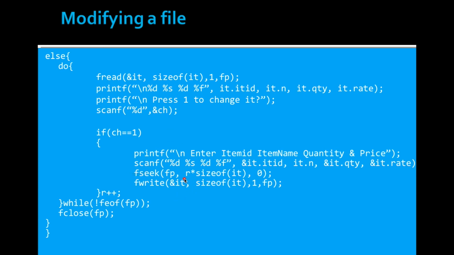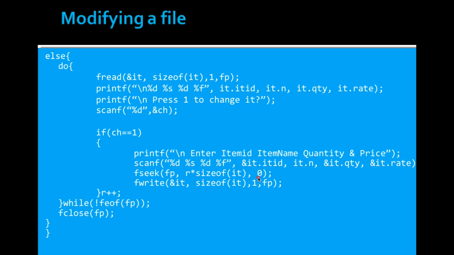For that, what is the size of the structure that will be stored? That is sizeof it. How many records are there? For that we multiply r into sizeof it, so it will move to the specific location where we want to perform the update.